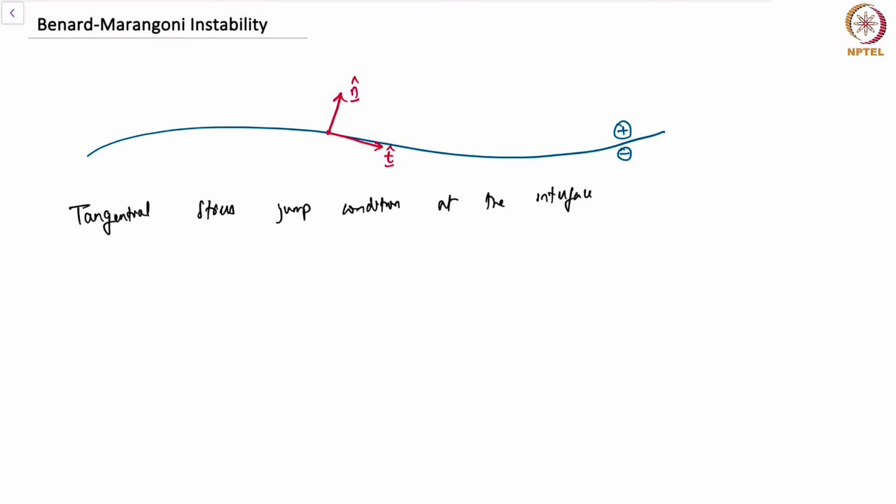We've already seen that this can be written as n dot tau dot t of the fluid above minus that of the fluid below. This is minus t hat dot surface gradient of the surface tension.